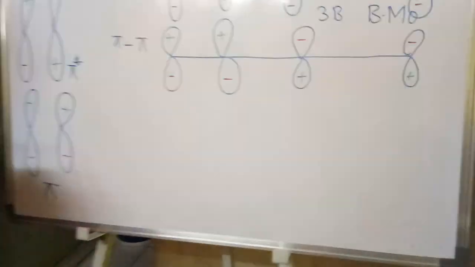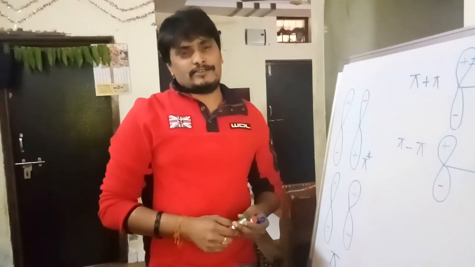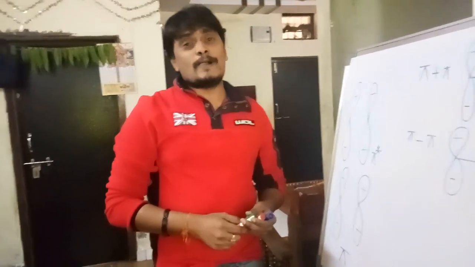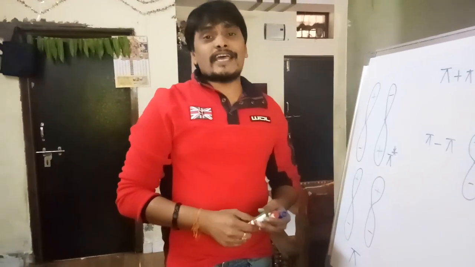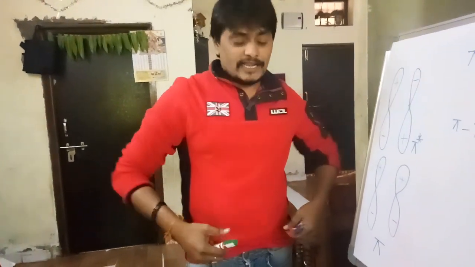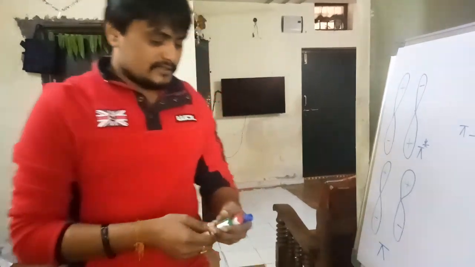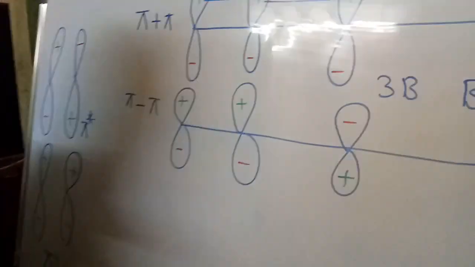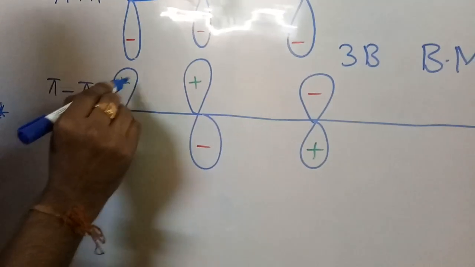Now let us find out whether nodes are there in this or not. We have to focus on the nodes, because based upon the nodes only we can construct the molecular orbital energy diagram of any molecule. Here there is no node: positive, positive.